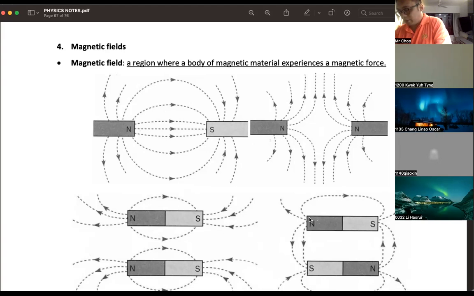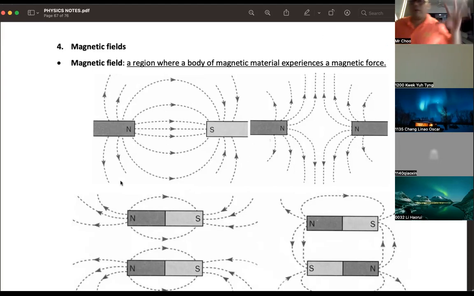If this point is the North Pole, the field will always be coming out. Do you remember your electric field diagram? So North Pole will be something like this, but there's no such thing as a North Pole by itself. Okay, never mind. Since there's no such thing, we shouldn't learn this.